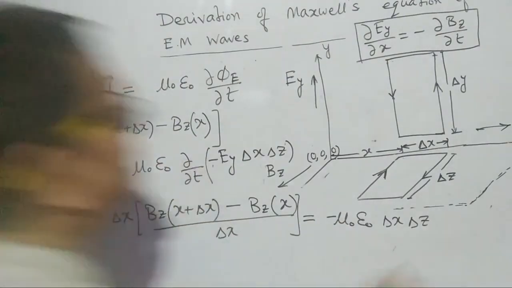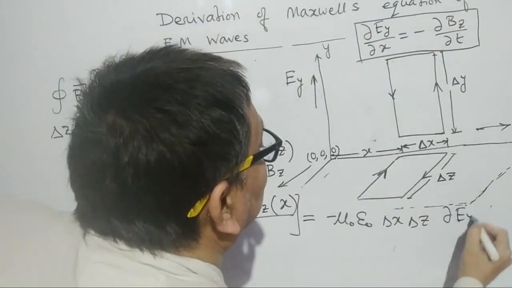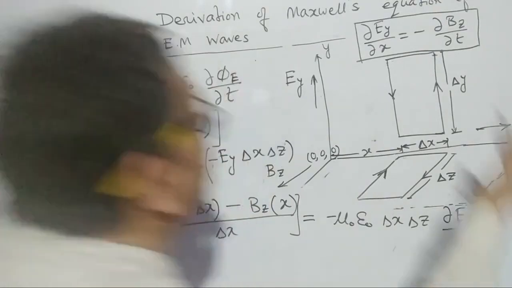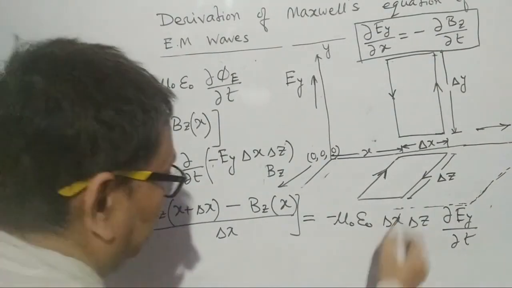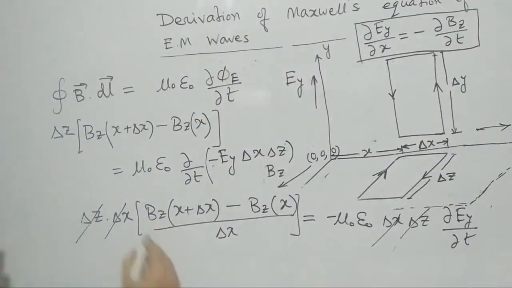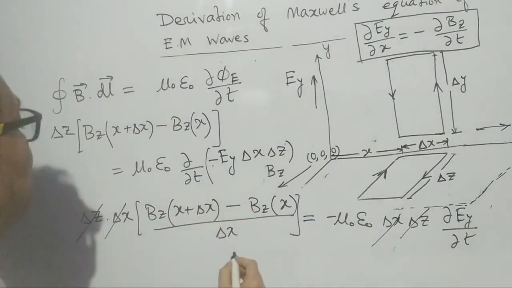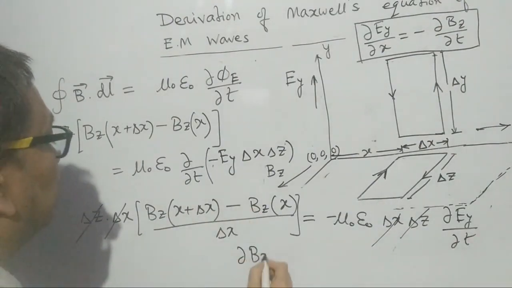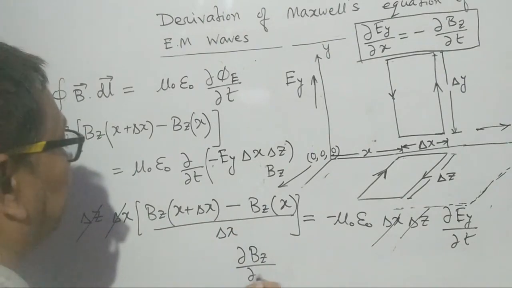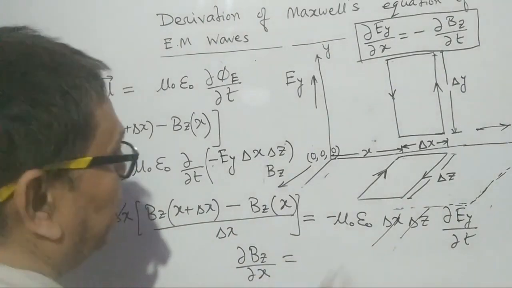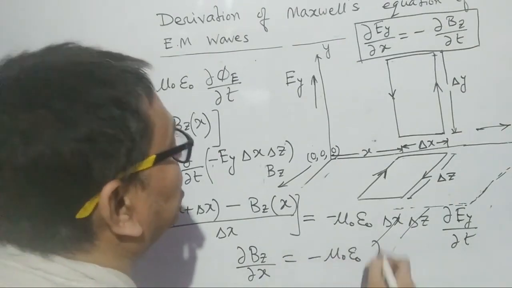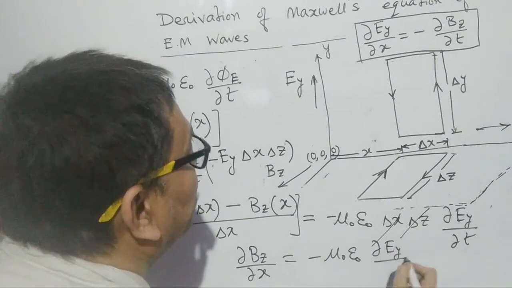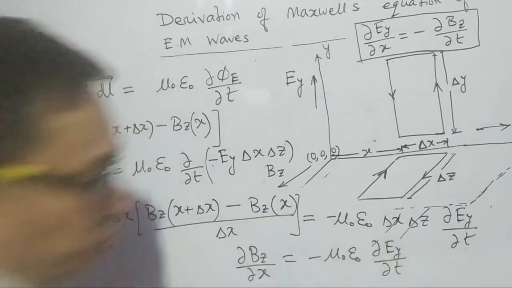Okay, and del Ey by dt. So this delta z, delta x delta z is cancelled, and we know that this thing will be nothing but del Bz by del x, and this will be minus mu naught epsilon naught del Ey by del t.